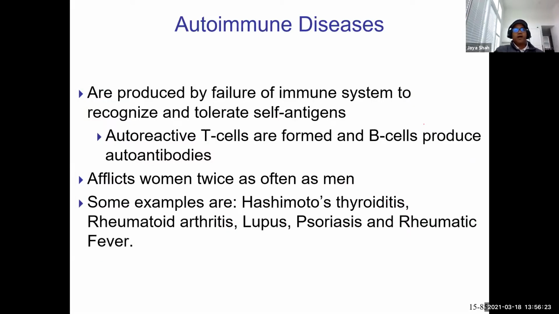Autoimmune diseases are produced by failure of the immune system to recognize and tolerate self-antigens. Sometimes our body hides some of its cells. Do you know there is a thyroid gland? The thyroid gland has thyroid follicles, and inside the follicles is thyroglobulin, which binds with the thyroid hormone.